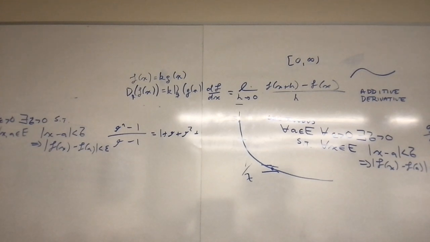That's why we call it uniform. It's not really one you can easily put into words, but you can pick a specific delta that works for every point, as opposed to picking a delta dependent on the point you're at.